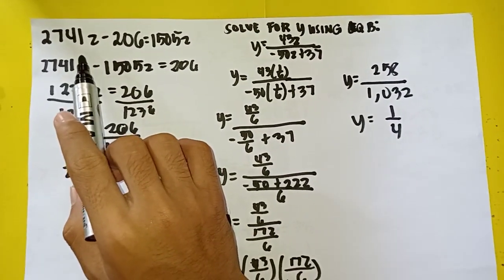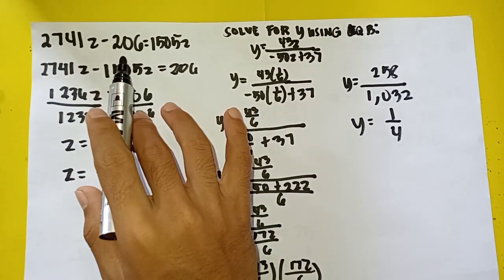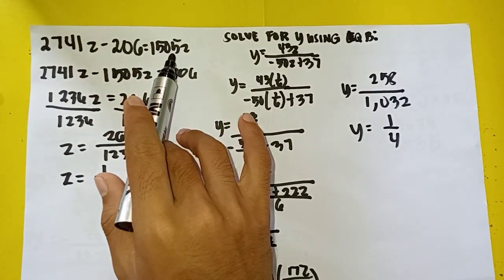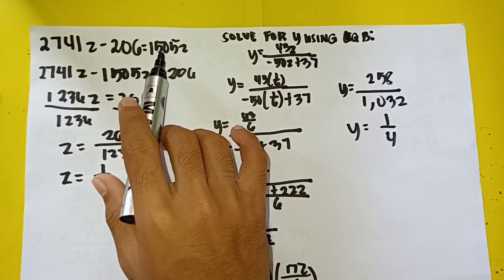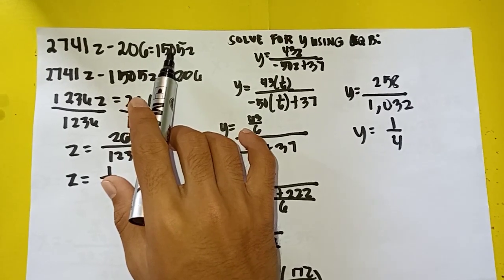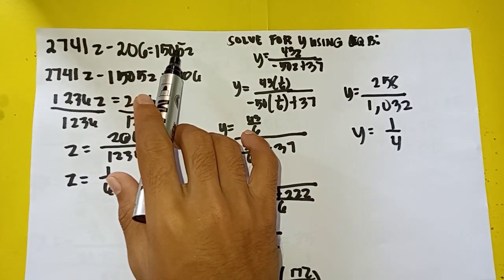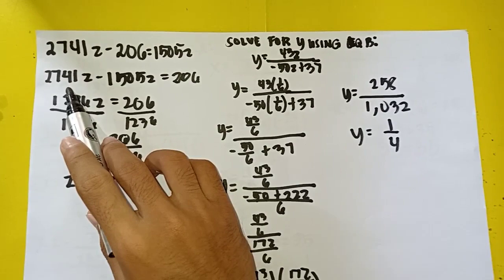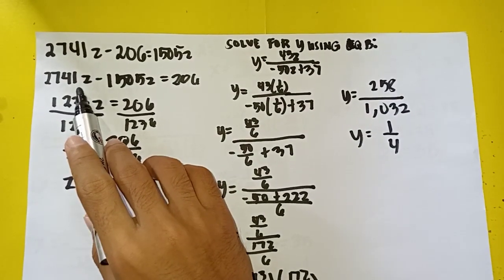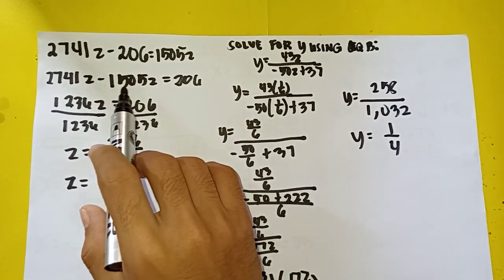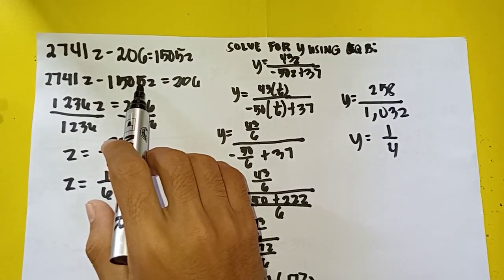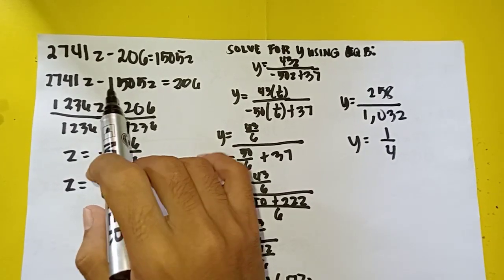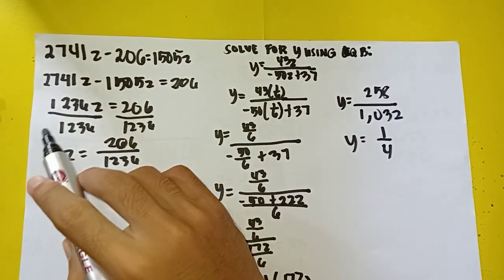And then here we will transpose 206 to the right, and then the 1,505z to the left. So it will be 2,741z minus 1,505z equals 206.